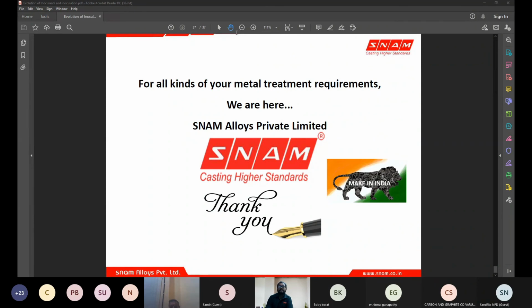We can actually increase the size of the inoculant when it is closer to the furnace. When your volume of metal is more, then the size of inoculant can be bigger. At the furnace stage, you will have more volume of metal, and at the pouring stage, the volume of metal is less, as it comes down during transfer.